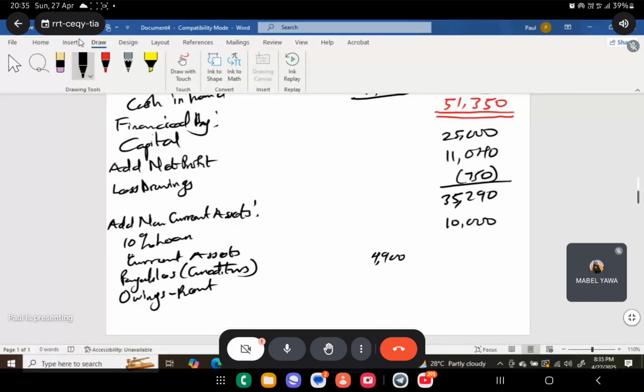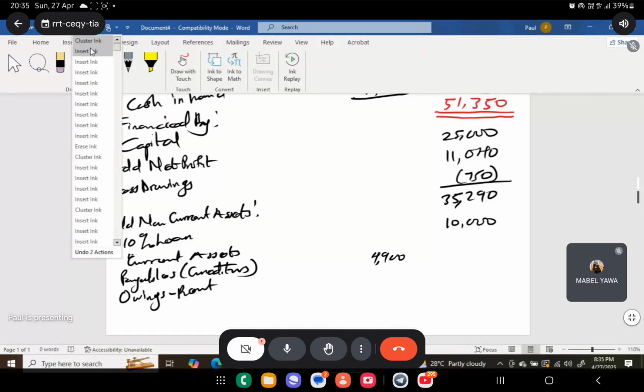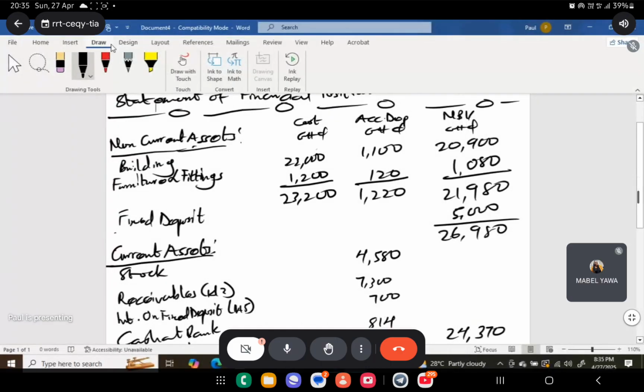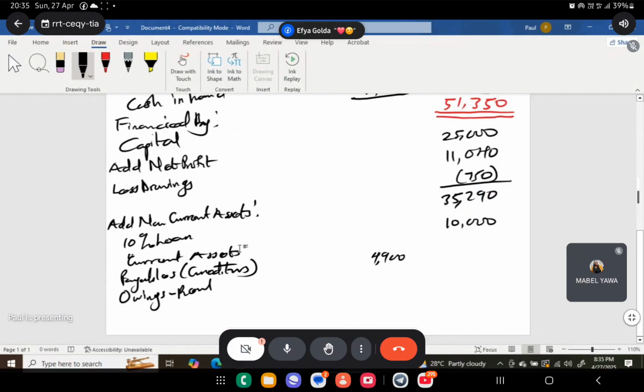So rent, general expense, then interest on loan.